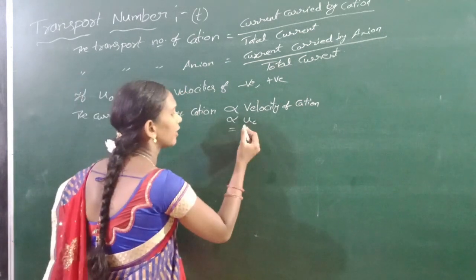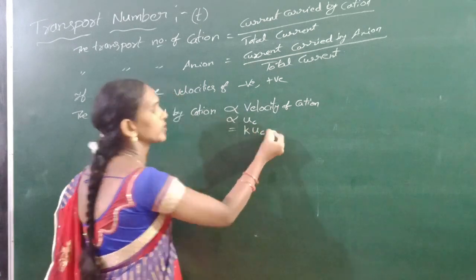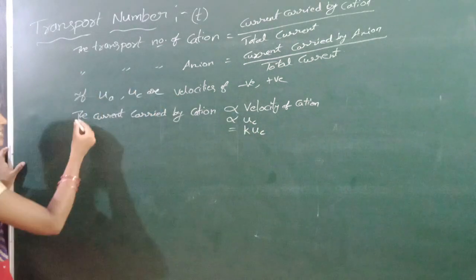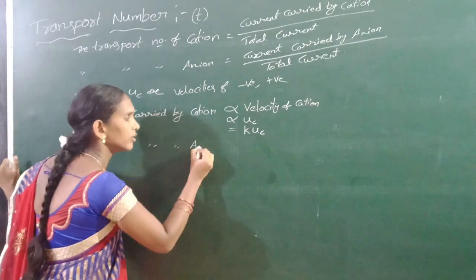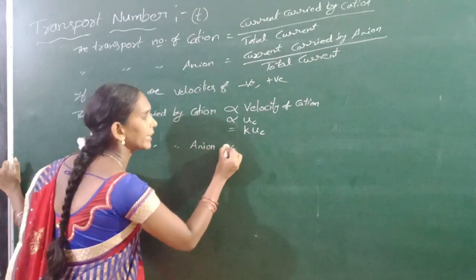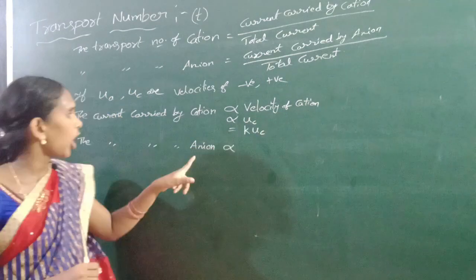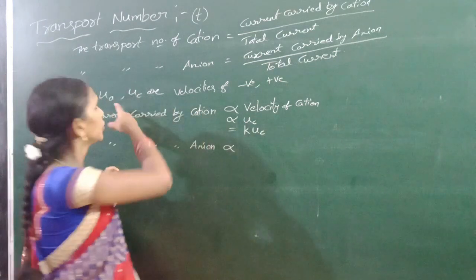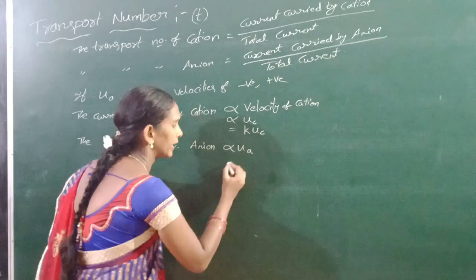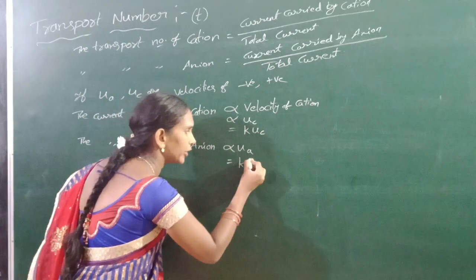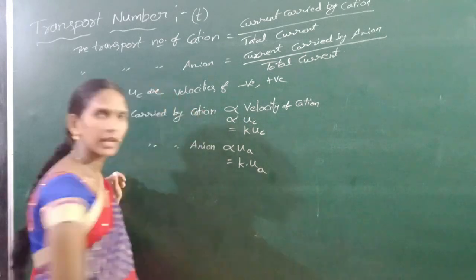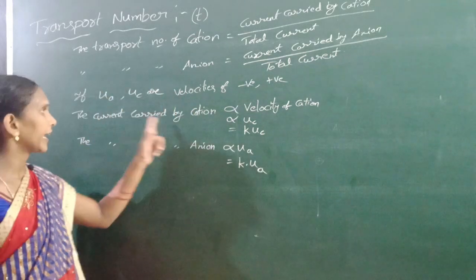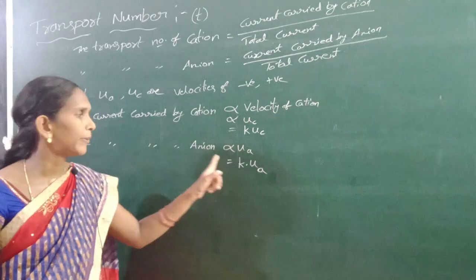That means it is equal to some constant K into UC. In the same way, the current carried by anion is directly proportional to the velocity of anion, that is UA, which is equal to some constant K into UA. This is the current carried by cation and the current carried by anion.